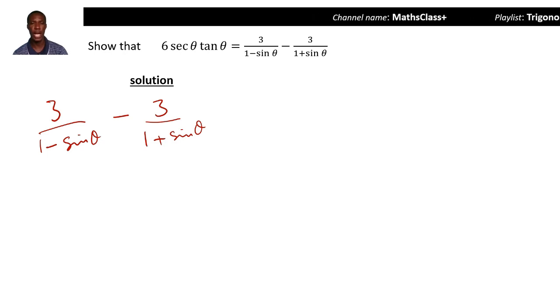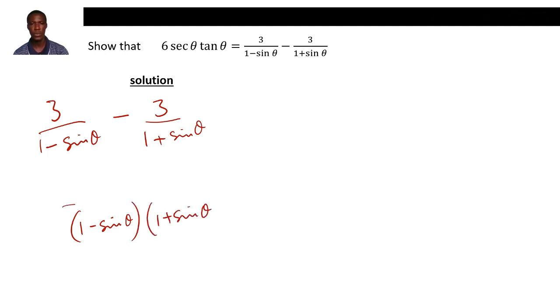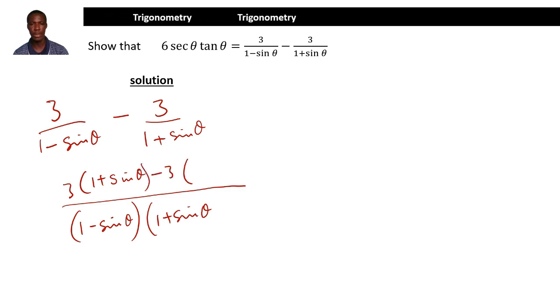Okay, so this is what I have. So I'll find my LCM. That will be 1 minus sine theta multiplying 1 plus sine theta. So the numerator will become 3 multiplying 1 plus sine theta, and then minus 3 multiplying 1 minus sine theta.